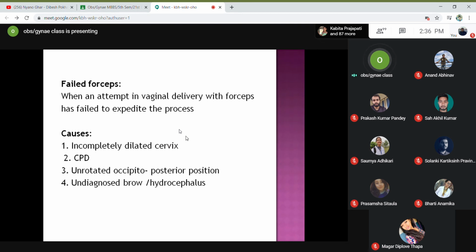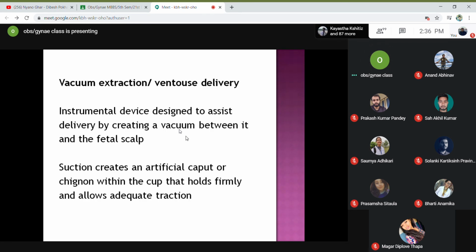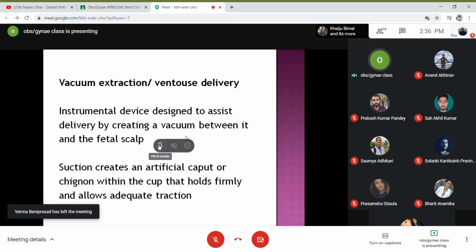Now, coming to vacuum extraction or instrumental delivery, this is the second type of instrument. An instrumental device designed to assist delivery by creating a vacuum between it and the fetal scalp is called vacuum or ventouse. Suction creates an artificial caput or chignon within the cup that holds firmly and allows adequate traction.